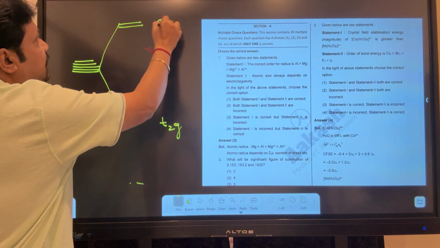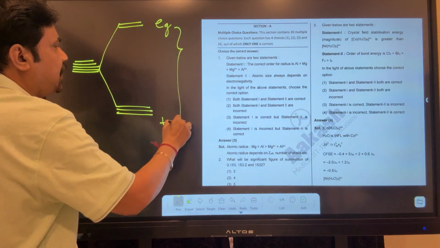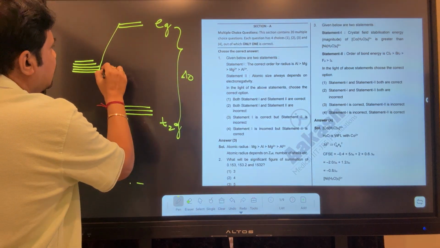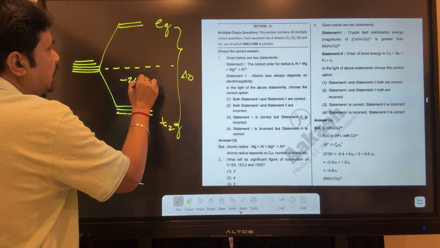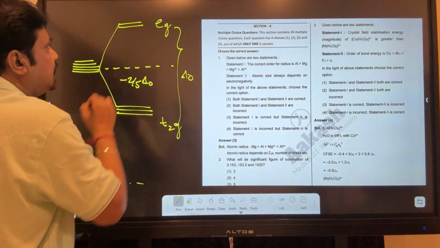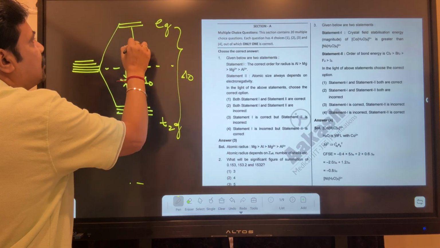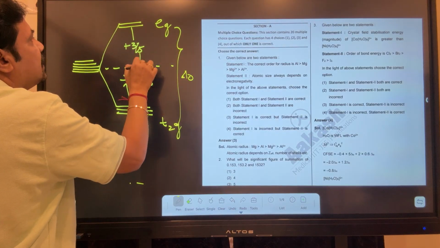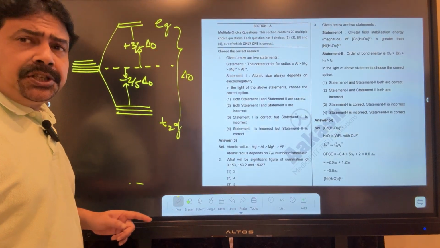This is your Eg. The energy difference in between we call delta naught. This is your barycenter. This is -2/5 delta naught per electron stabilization, and from here to here it is +3/5 delta naught. Delta naught is the energy difference between Eg and T2g.